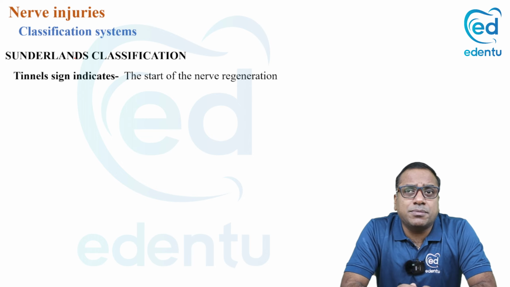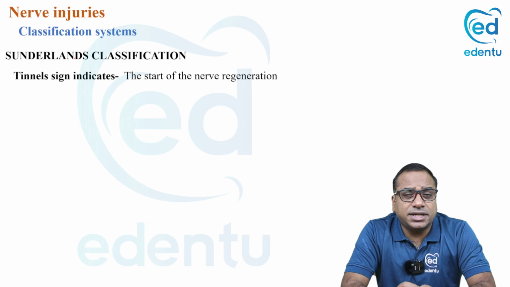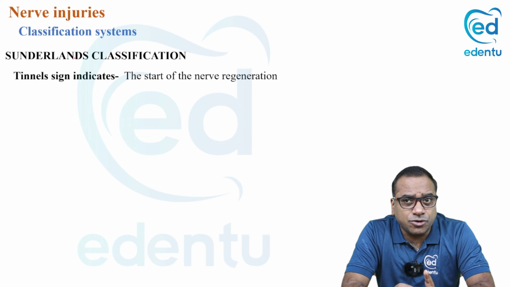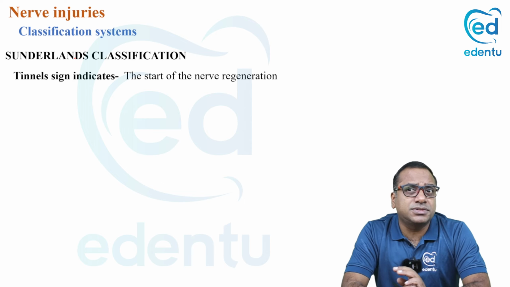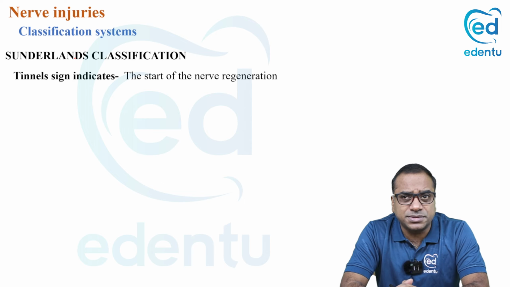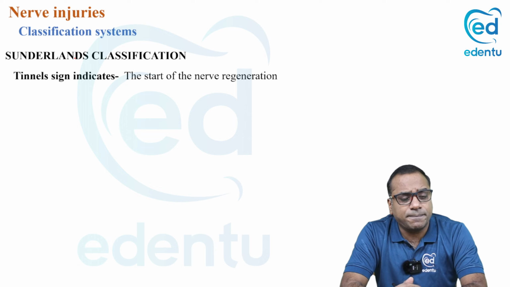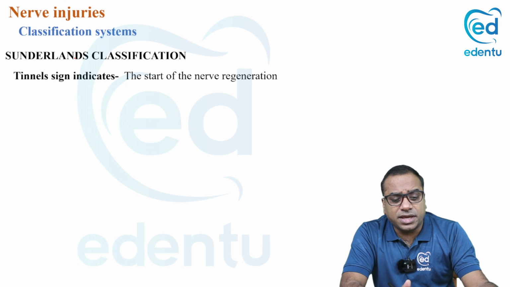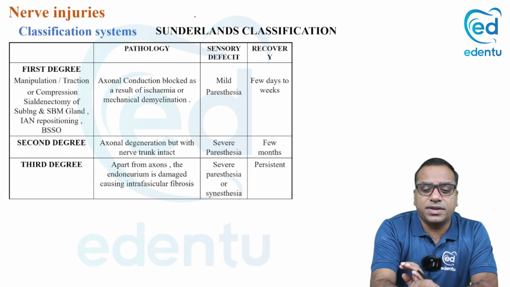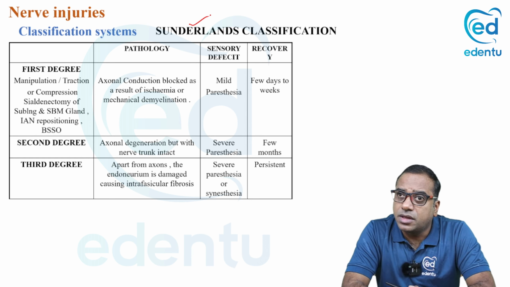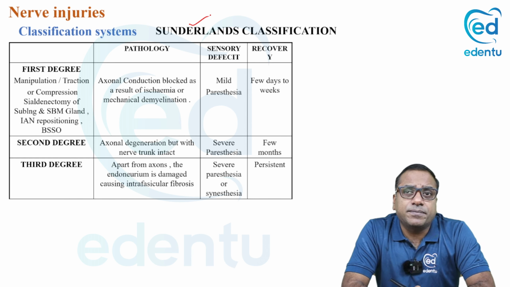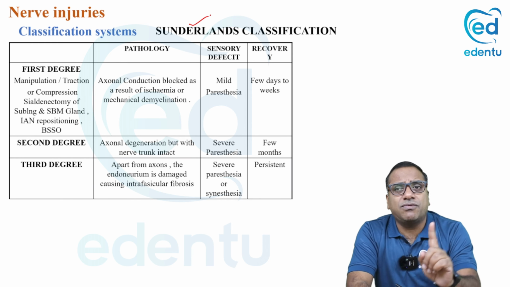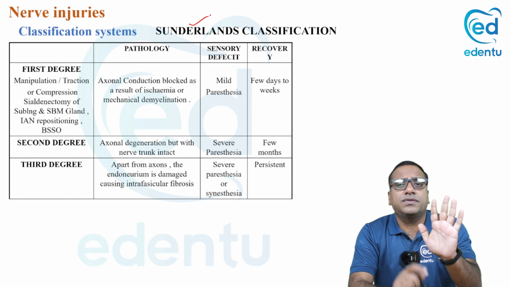We have discussed Seddon's classification, that is neuropraxia, axonotmesis, neurotmesis. Three terms, or three categories, three types of nerve injuries come there. Now there is one more classification called Sunderland's classification. Very important. Sunderland's classification has degrees: first degree, second, third, fourth, fifth and sixth.